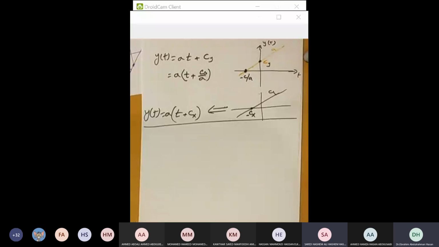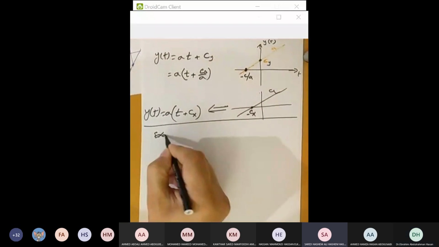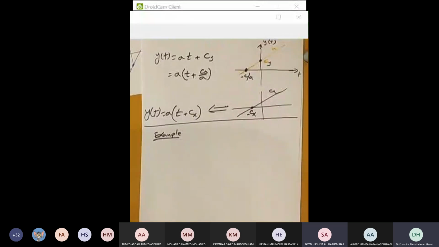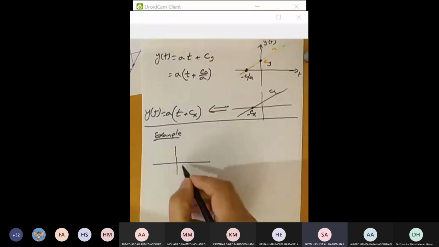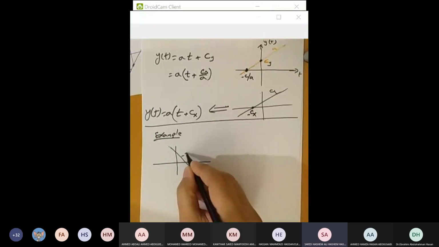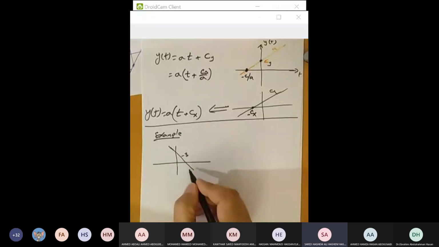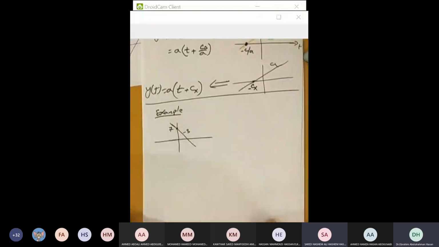Okay, let me take an example here. What is the equation of this line?